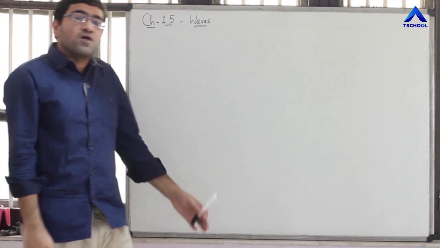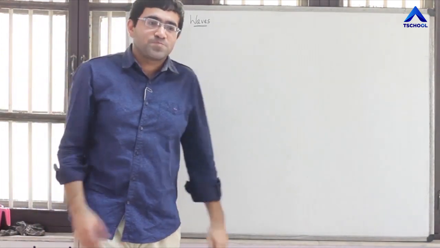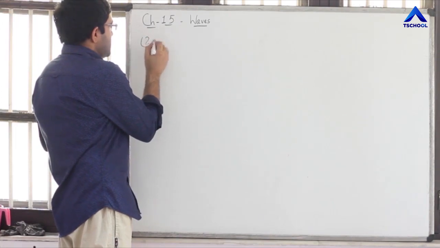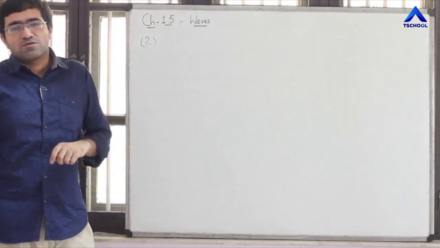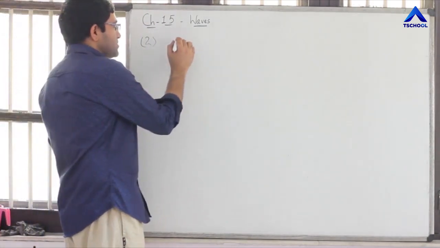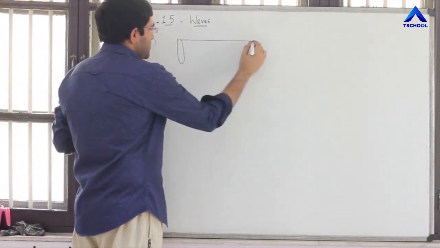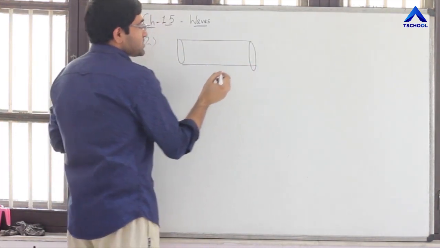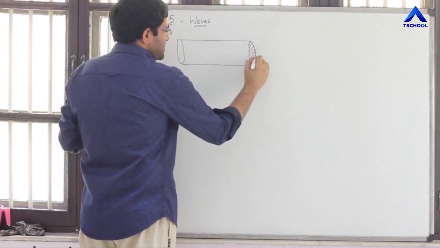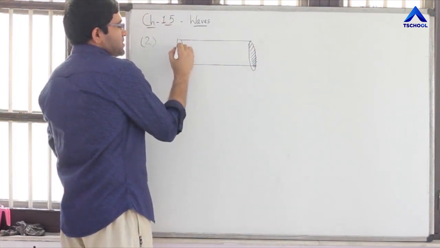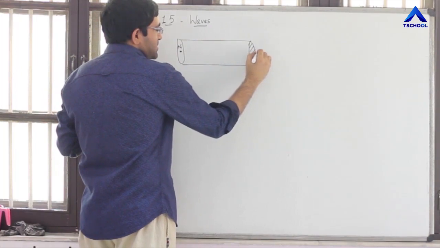Alright, now we are going to talk about case number 2, the second resonant mode of an organ pipe. Remember, we are talking about a closed organ pipe which is closed at this end but open over here. So again, there is a pressure node and a pressure antinode.